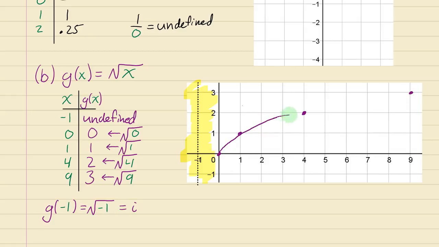If you're talking about a square root instead of x squared, it turns it into a parabola, it just makes it sideways. But the radical sign only gives you positive results. You don't get the plus or minus square root. Otherwise it wouldn't be a function, because it would fail the vertical line test if you had the negative results here.